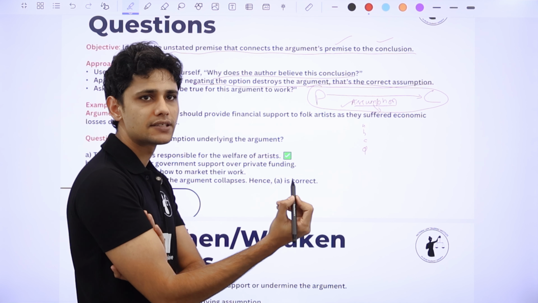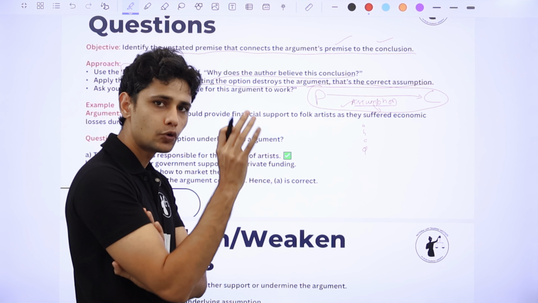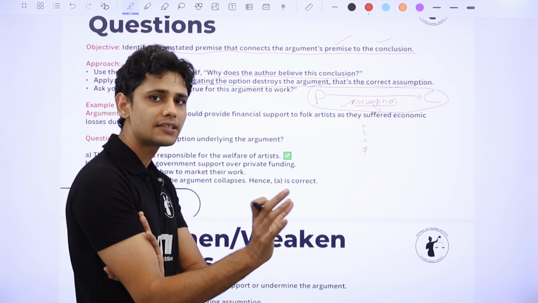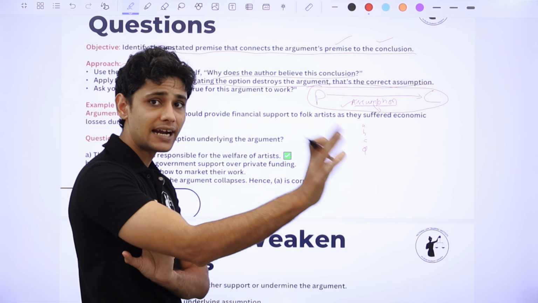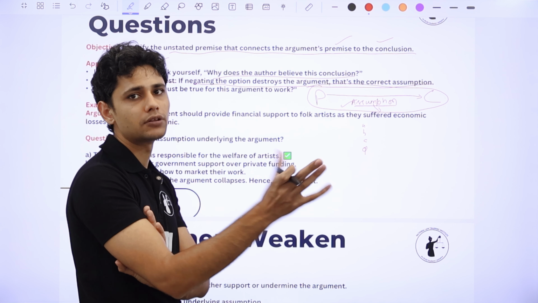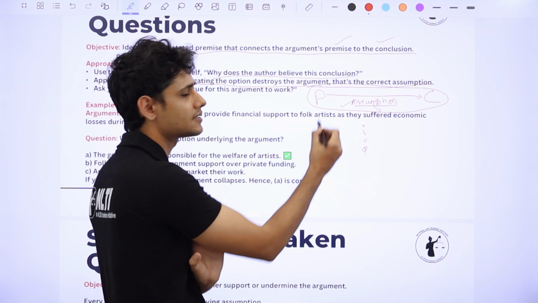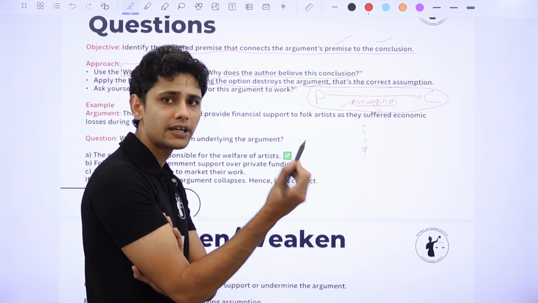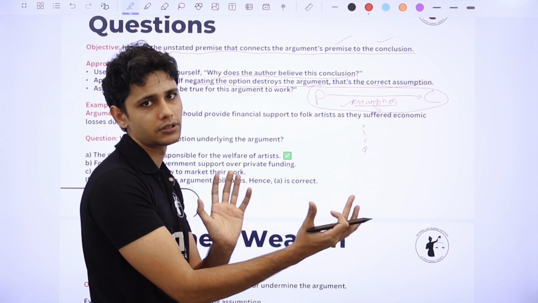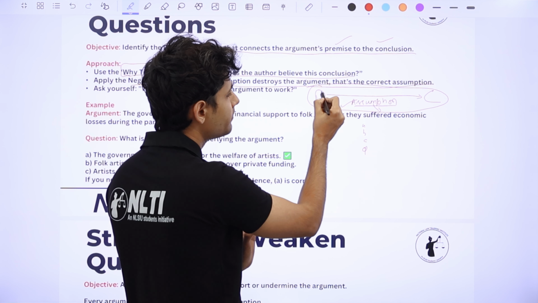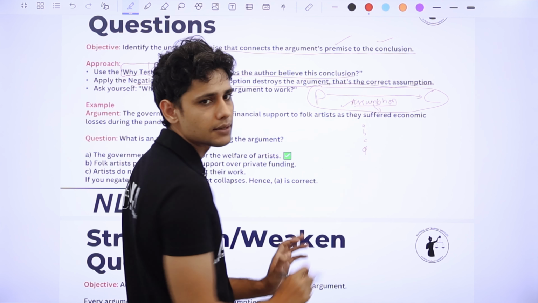So to identify an assumption, you need to look at, if I were to take this out, will this argument still stand? If it stands, then that probably is not the right assumption that you have identified. But if it does not stand, then it is the right assumption, because without that assumption, this argument could not have worked. So that's why between premise and conclusion you have an assumption.